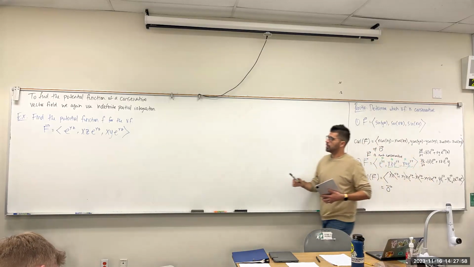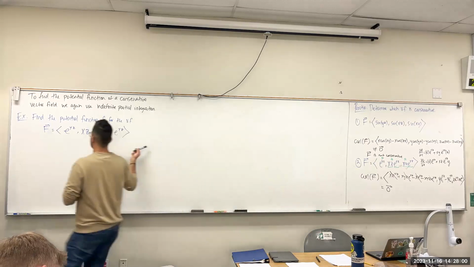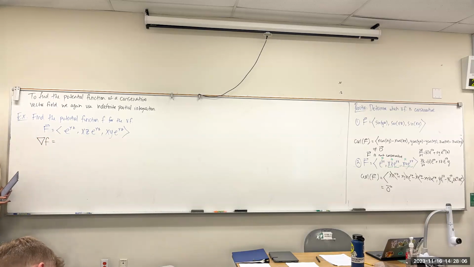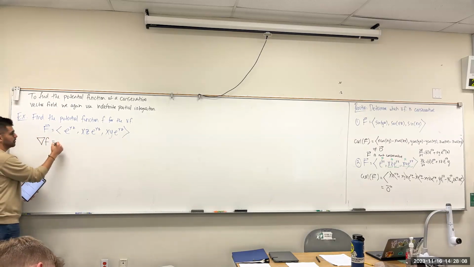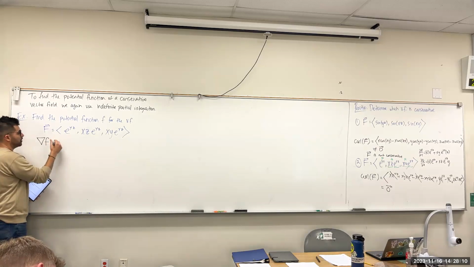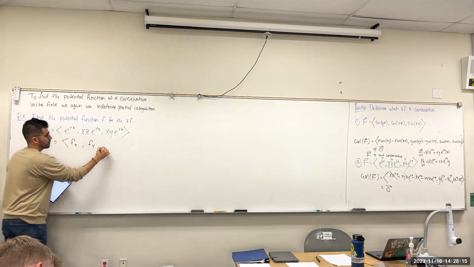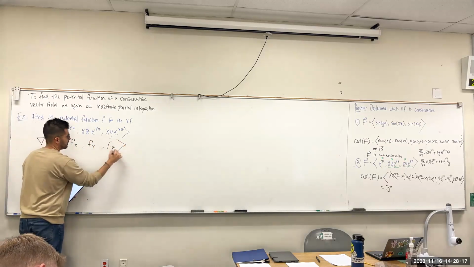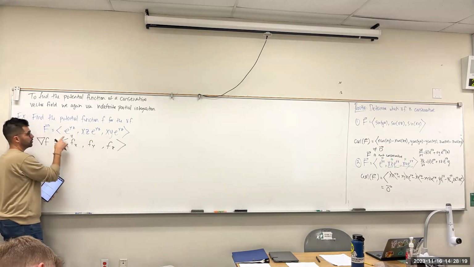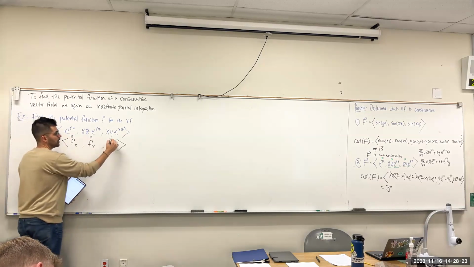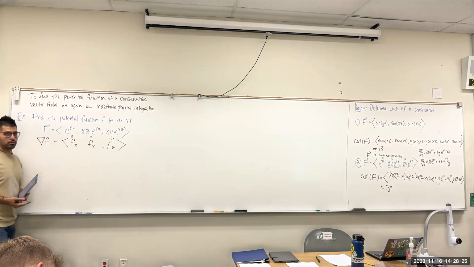So remember, because it's conservative, this guy is supposed to equal the gradient of that potential function. Right? So this guy is equal to this one. This is the partial with respect to x. This is supposed to equal the partial with respect to y. And then this is supposed to equal the partial with respect to z.